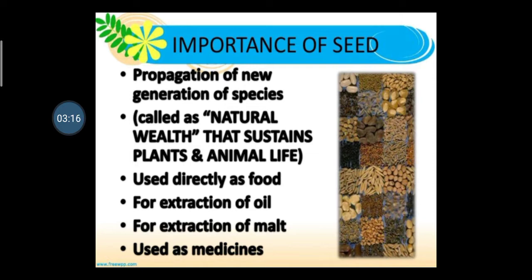Fifth point is it is used in the extraction of malt, like barley, jowar. These are all seeds which are used in the extraction of malt. Last point is seeds also have medicinal values, like clove seeds. These have medicinal values.